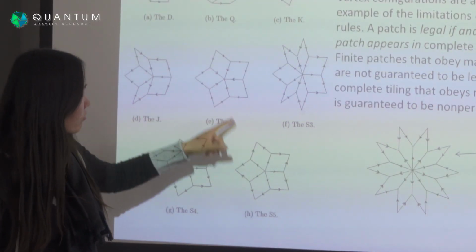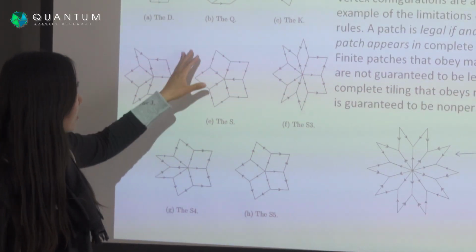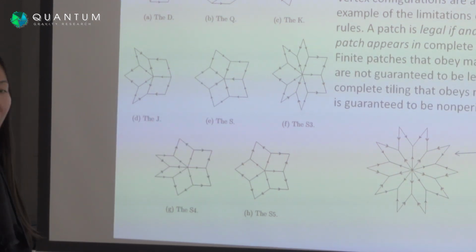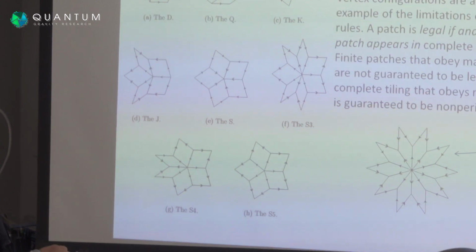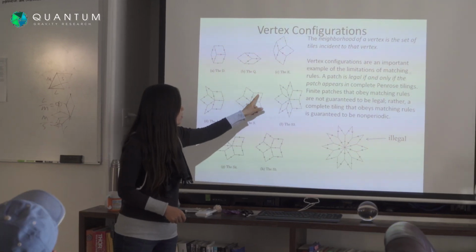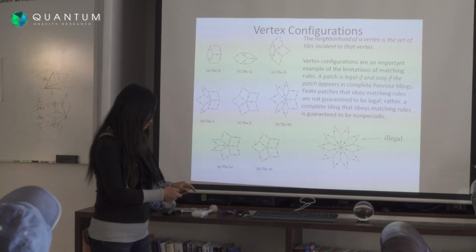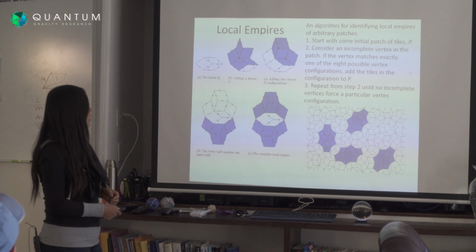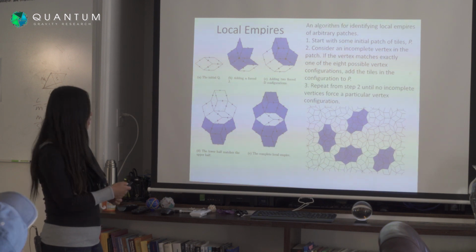You can see they have different arrows. One of them is called the sun, the other one is called the star. As we're going to see, these arrows are different and have different matching rules.